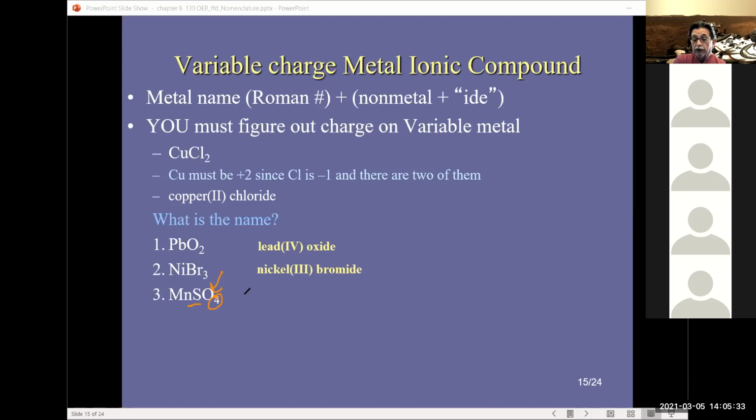I go to the polyatomic ion table, and it's a -2 charge. That means that the manganese here must be a +2, because the sulfate is a -2. So I got manganese, Roman numeral 2 sulfate.